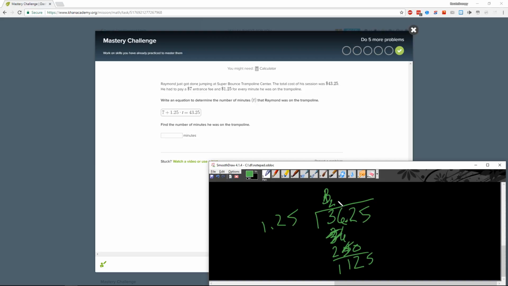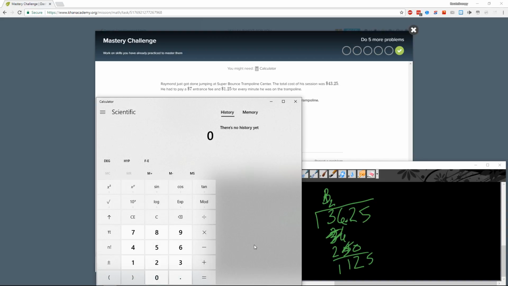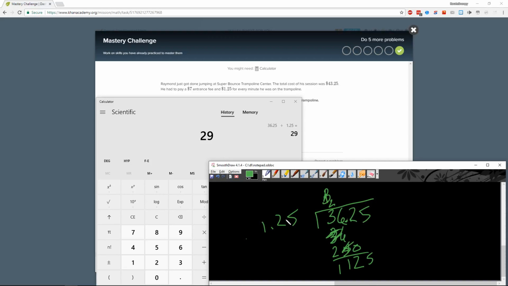And then it can go into this one. I'm really not good at long division anymore. It says I can use a calculator, so I'm just going to do that. 36.25 divided by 1.25, 29. I was close. So I got the 2 right there.